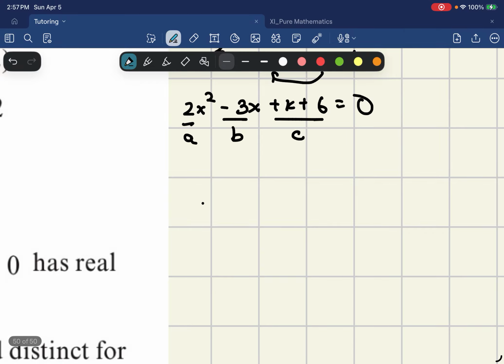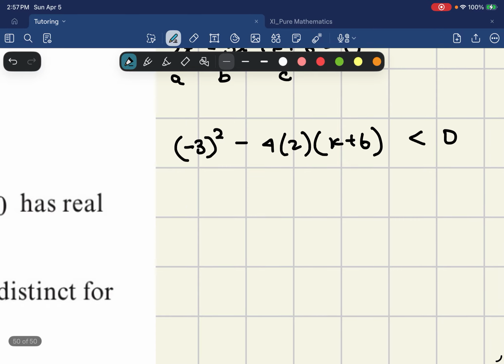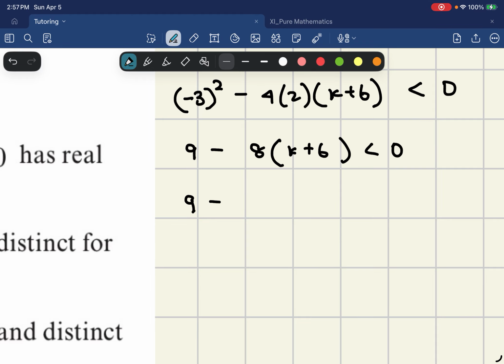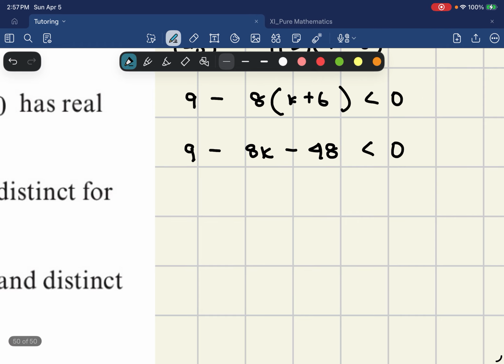All right. So minus 3 squared minus 4ac is less than 0. That is the discriminant. 9 minus 8 times (k plus 6) is less than 0. 9 minus 8k minus 48 is less than 0. So 9 minus 48, that I believe is negative 39 minus 8k is less than 0.